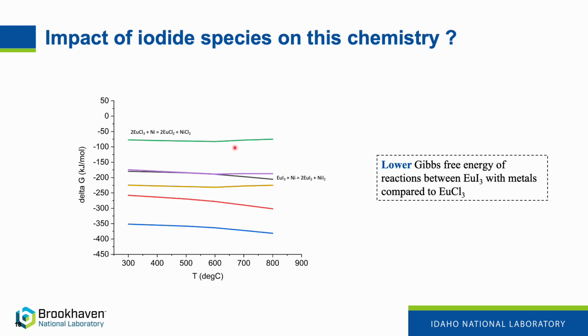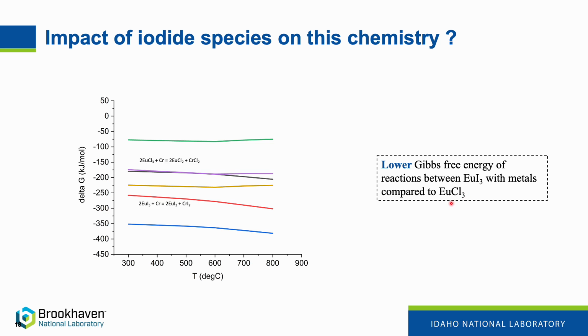So we are starting with thermodynamics again. Looking into the delta G values of europium chloride versus iodide, how does that compare when we look into the oxidation of nickel, the reaction of nickel? The delta G value of the reaction of europium iodide with all these metals is lower compared to the chloride counterpart.